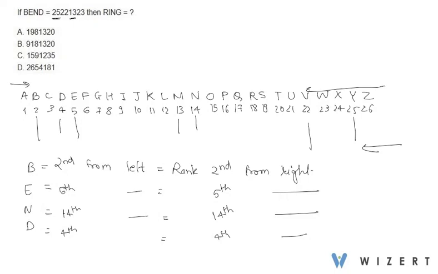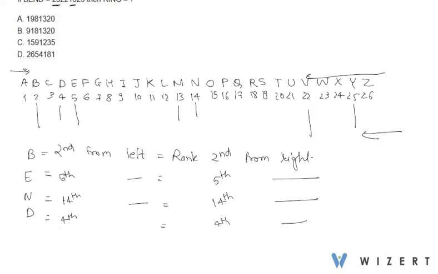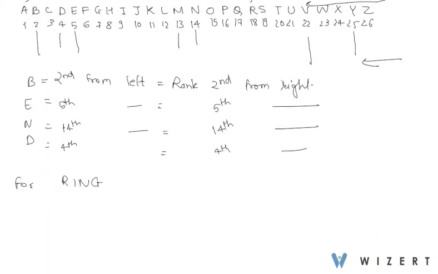So let's see the code for the word RING. R is 18th from left, so its rank will be 18th from right.